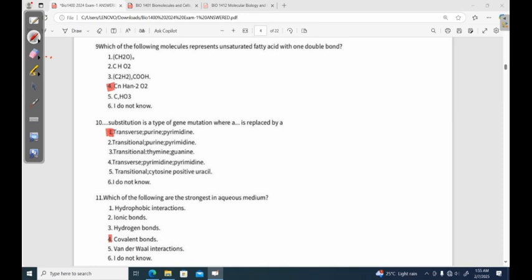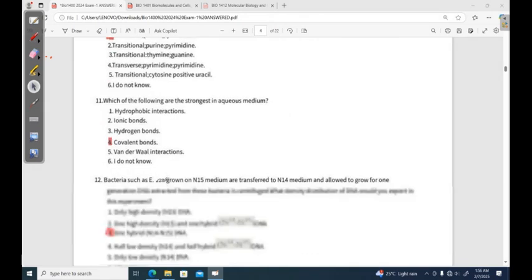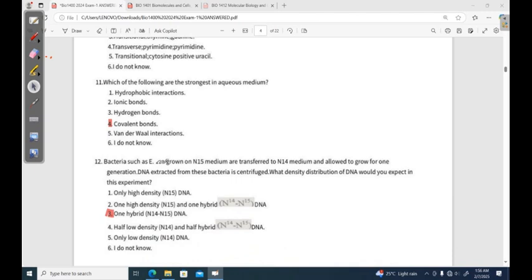Number 11, which of the following are the strongest in aqueous medium? So the correct answer is covalent bonds. Covalent bonds are strongest because they are sharing electrons. For instance, water, right? Or rather carbon dioxide, CO2. So carbon is sharing, you know that carbon has 4 bonds, right?